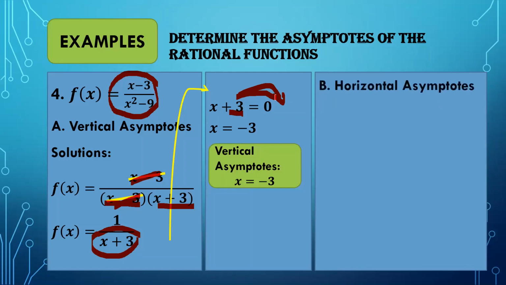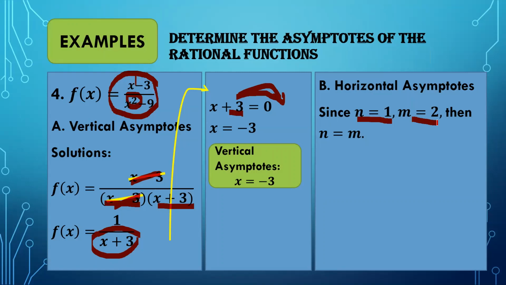Next, we have the horizontal asymptote. Since the exponent of x in the numerator is 1, we have n is equal to 1, and m is equal to 2, since the exponent of x in the denominator is 2.